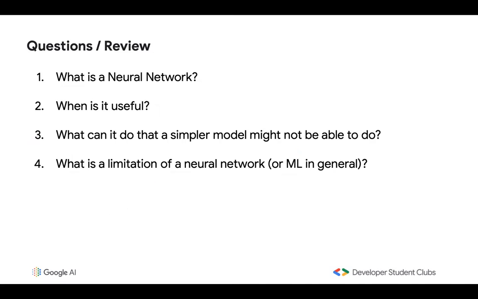The main thing to take away is neural networks are essentially a bunch of machine learning models layered one after another. And what can it do that a simple model might not be able to do? So in terms of the sort of data it can handle, and what is a limitation of a neural network or just machine learning in general? Those are some questions worth pondering.